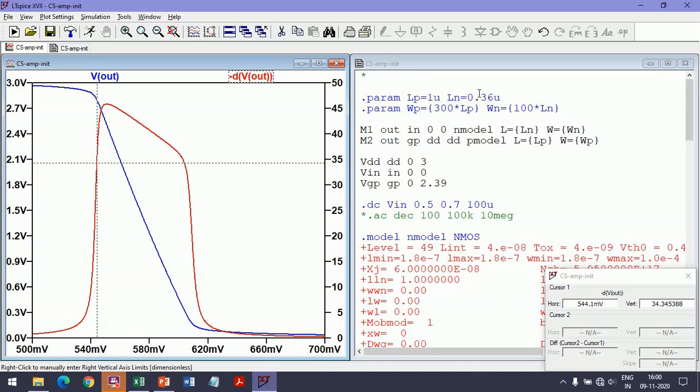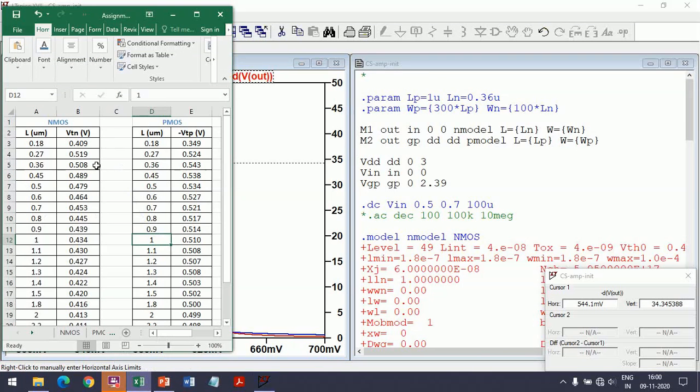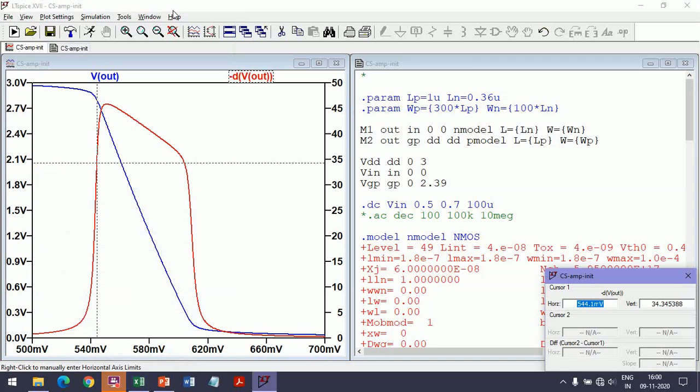At a length of 0.36, the NMOS threshold voltage is 0.508, which means that the gate voltage has to be at least 0.608, right? 0.5 plus 0.1. So this is too small, and we can't afford to have such a small overdrive voltage.